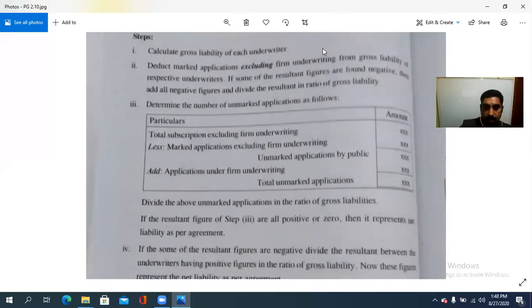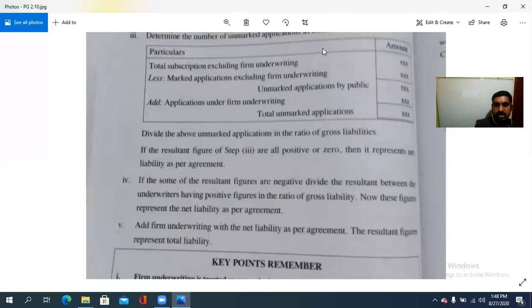If the resultant figure of step 3 are all positive or zero, then it represents net liability as per the agreement. അതായത് step 3 ൽ പറഞ്ഞ കേസ്, total subscription excluding the firm underwriting, then less marked application excluding the firm underwriting. അതിനുശേഷം unmarked ആണ് അല്ലേ? അതിന്റെ കൂടെ applications under firm underwriting is to be added, then total unmarked application is to be there.